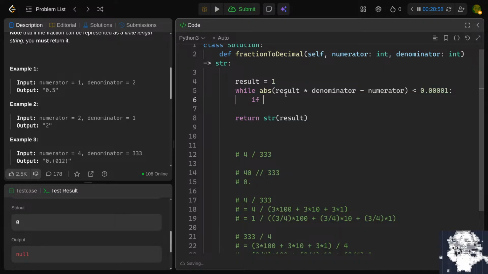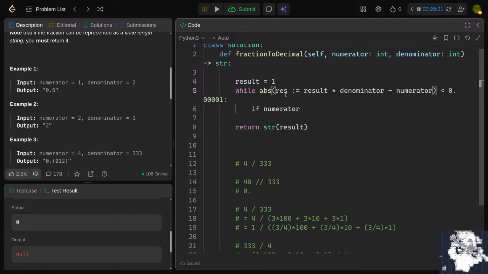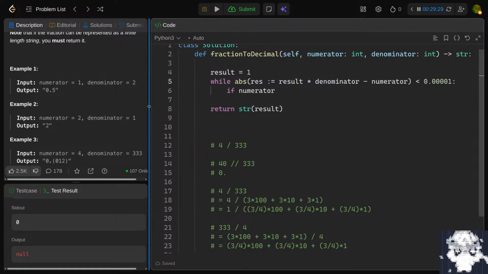I'm going to use the Python walrus operator here to define a variable inside the while condition and then use it outside.